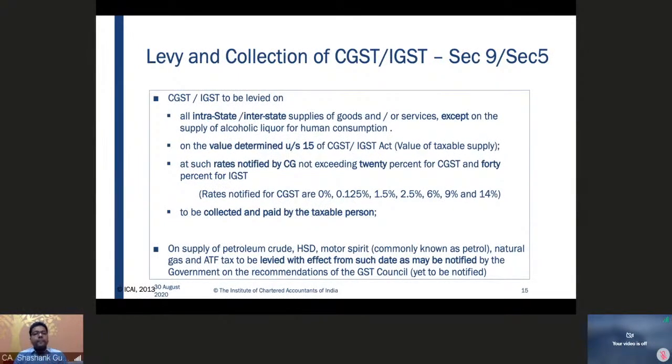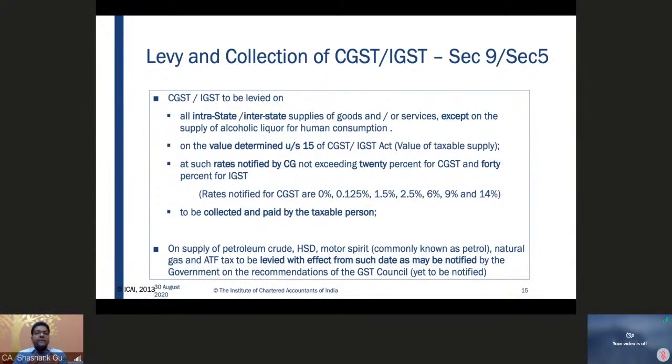However, that is up to where the GST tax rate can go. But presently, the maximum tax rate which has been made effective, today the maximum rate of GST which is applicable is 28%.